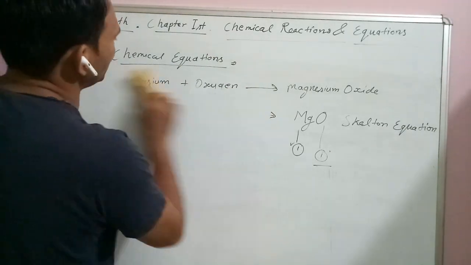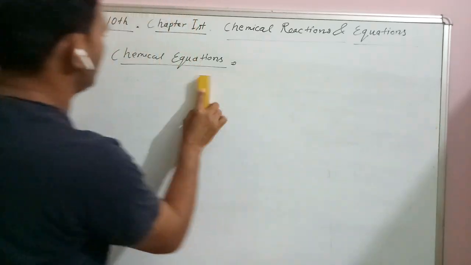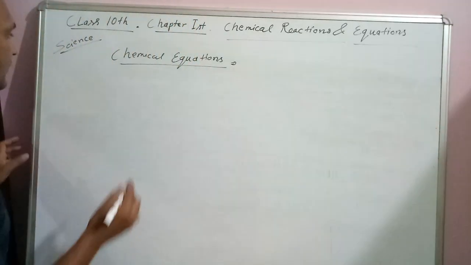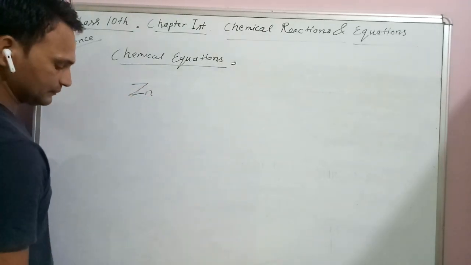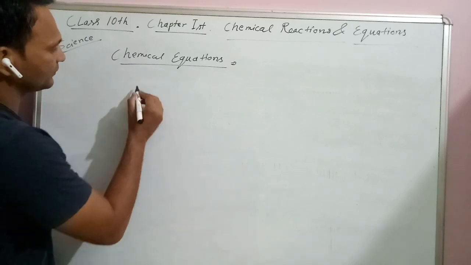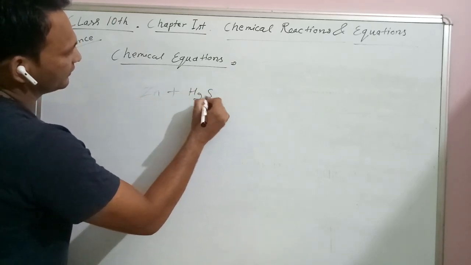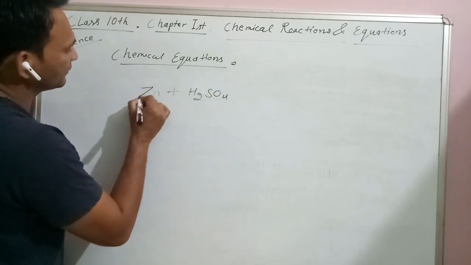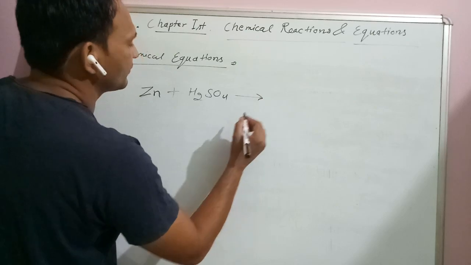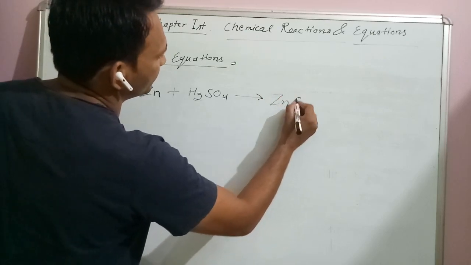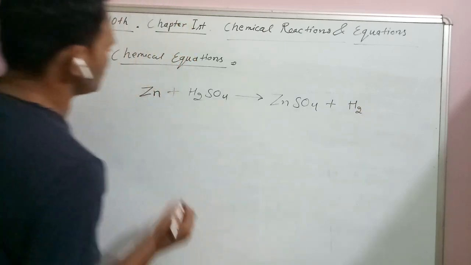We take another example. For example, when zinc, Zn, reacts with H2SO4, it forms ZnSO4 plus H2.